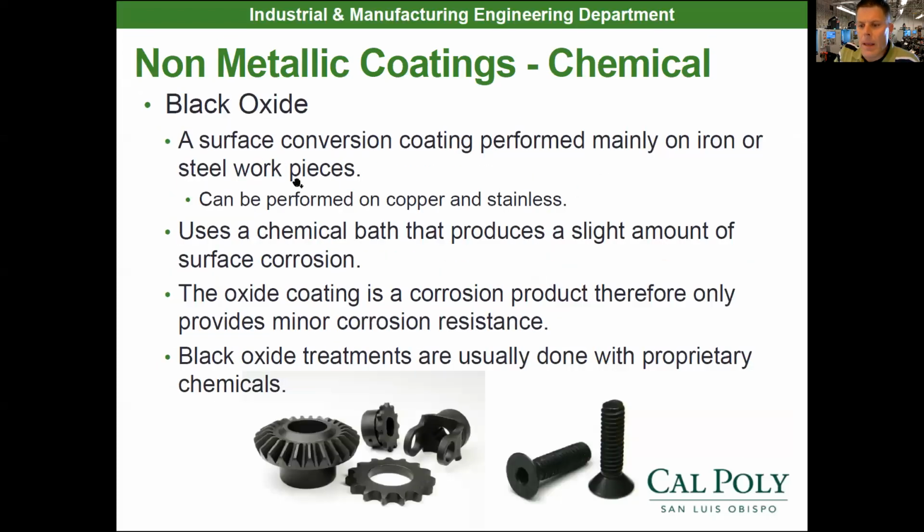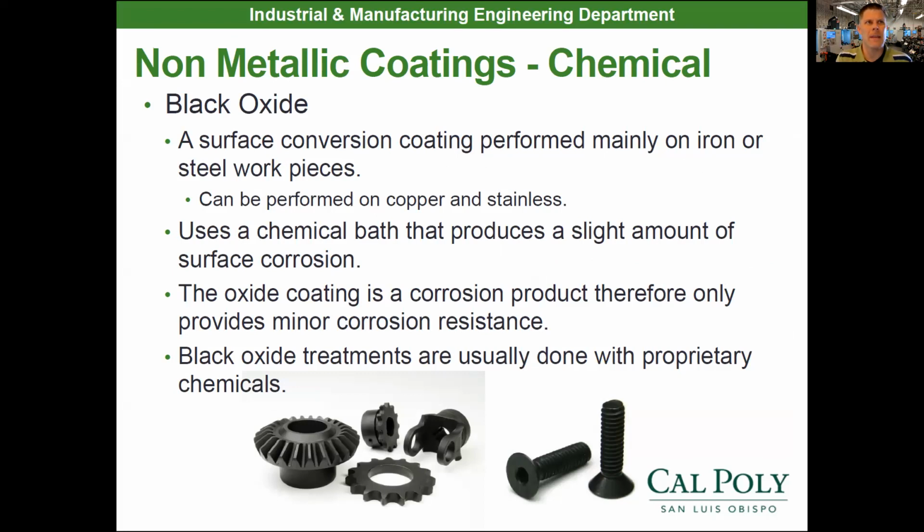Now, steel parts, mainly iron or steel workpieces, and it can also be done on copper and stainless, can get what we call an oxide coating. You've heard of bluing, that's the same type of thing, it's an oxide coating. What we're doing with this is using a chemical bath, so chemical salts, and we're producing corrosion here. We're actually creating an oxide corrosion, and we have an extra iron and an oxygen in this one.